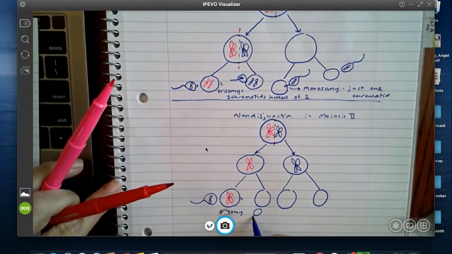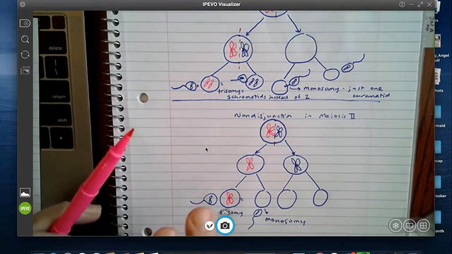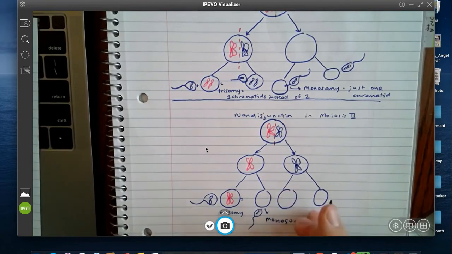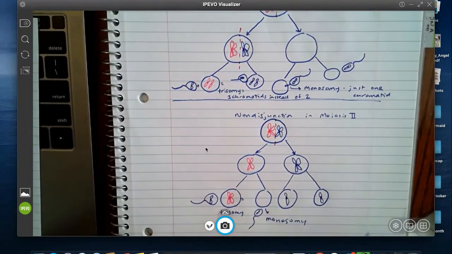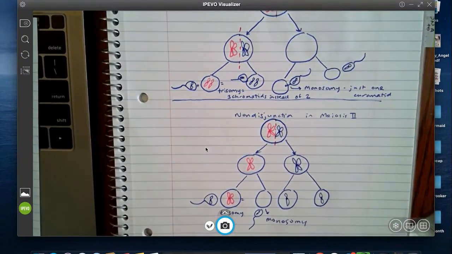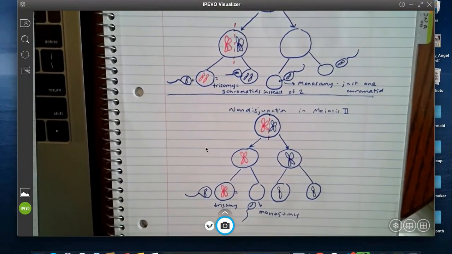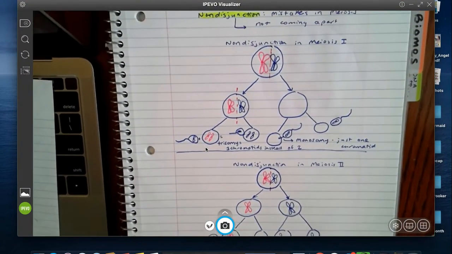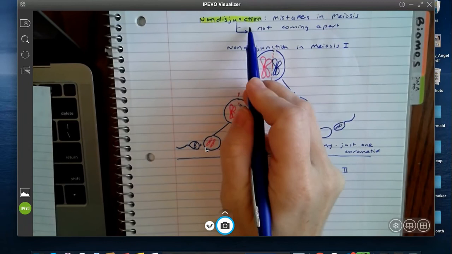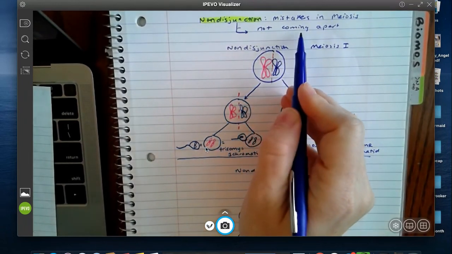So when the sperm would come in to fertilize this egg, you would get something called a monosomy. And then over here, you don't have to have nondisjunction at all. You can just have a regular separation. So it just depends on at what level of meiosis this happens. The trisomies and the monosomies will occur as a result of nondisjunction, the chromosomes not coming apart.